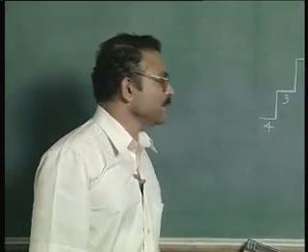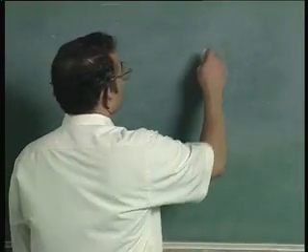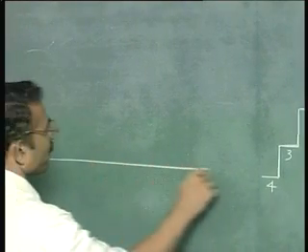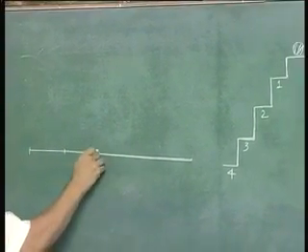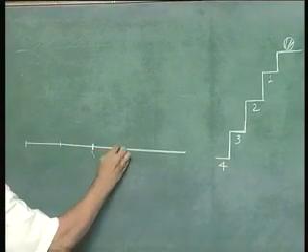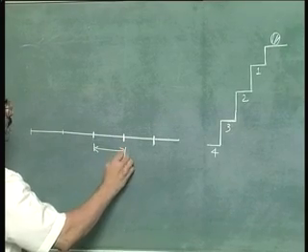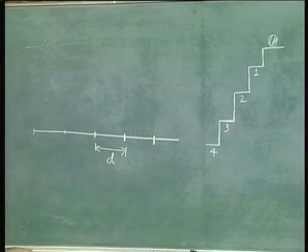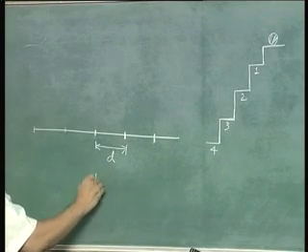There is another example which is much more interesting. Suppose there is a street and this street has signals at regular intervals. Let us say the distance between two consecutive signals is d. The signals turn green at intervals of t minutes.